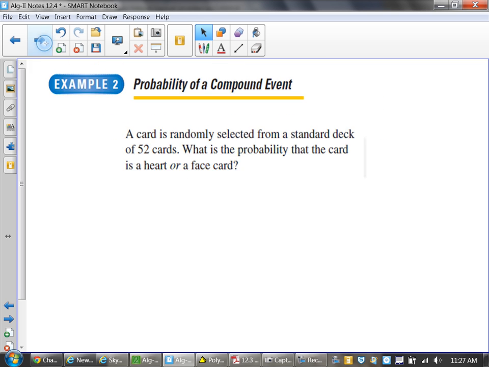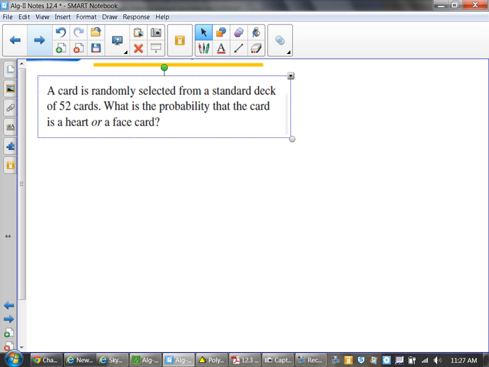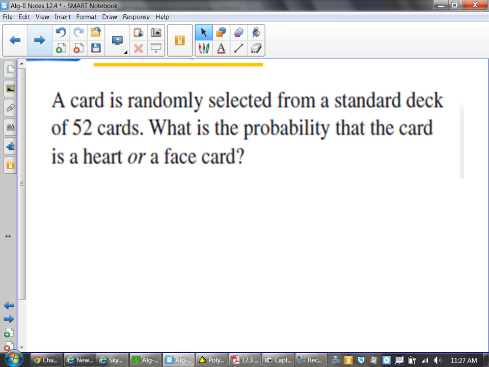Now look at the difference between that one and this one. Probability that the card is a heart or a face card. In the book here, they're counting face cards as just kings, queens, and jacks. Okay. So I would look at heart or a face card.